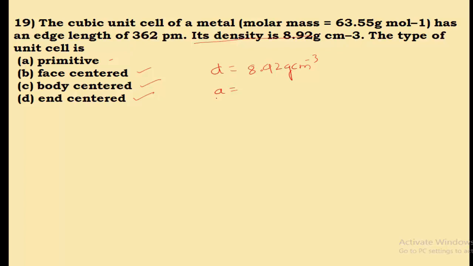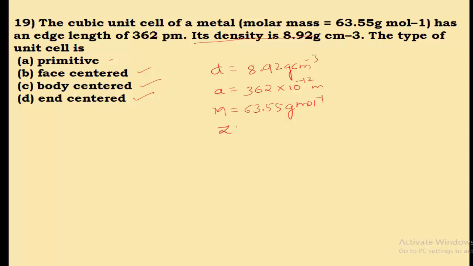Edge length is denoted as A. So 362 into 10 raised to minus 12 meter, because they have given in picometer. And the molar mass of that metal is 63.55 grams per mole.